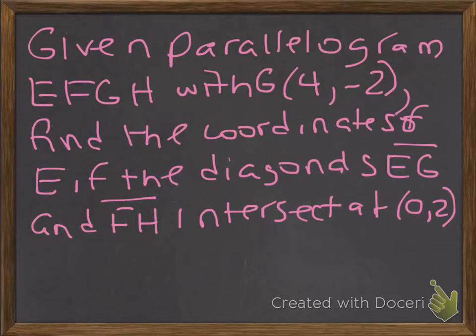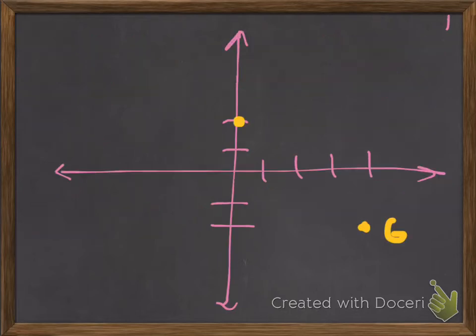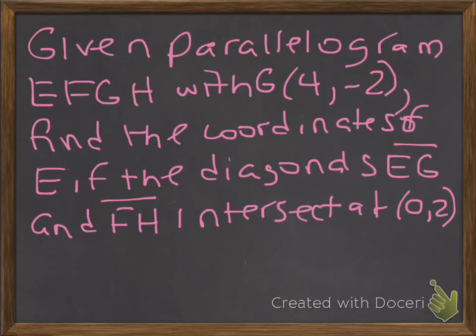So how do we do this? Well, 0, 2 is technically the midpoint of EG. So if we're given G and we're trying to find E, I would use the midpoint formula, which is adding up the x's and dividing by 2.